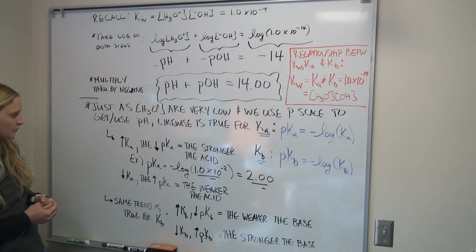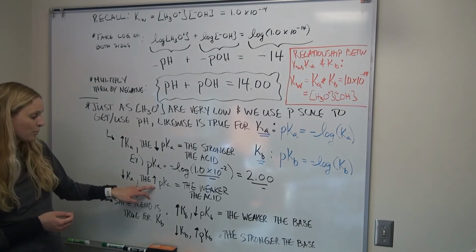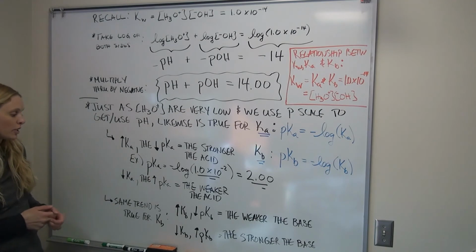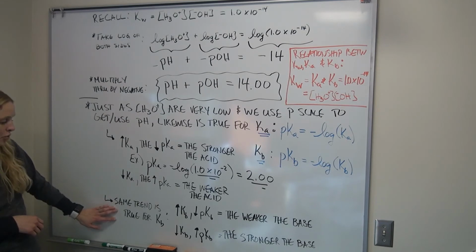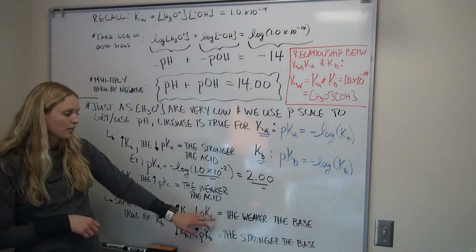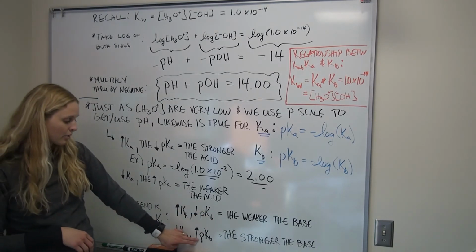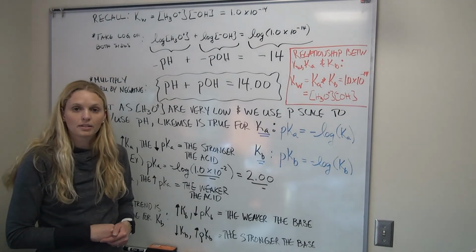And with a lower Ka, we have a higher pKa, and the weaker the acid is as well. The same trend is true for Kb's. So the higher the Kb, the lower the pKb, and the stronger the base is; the lower the Kb, the higher the pKb, and the weaker the base is.